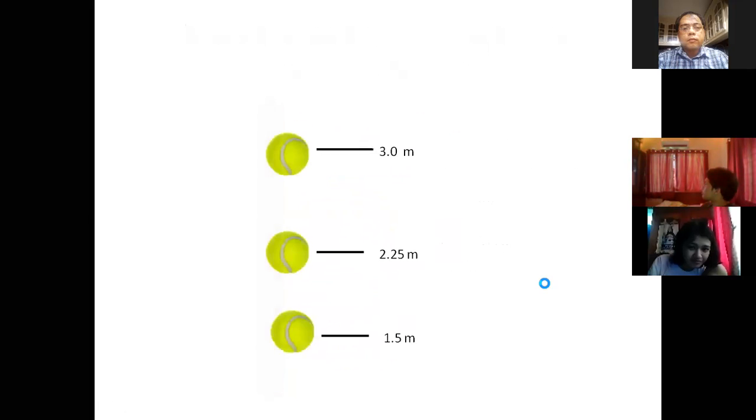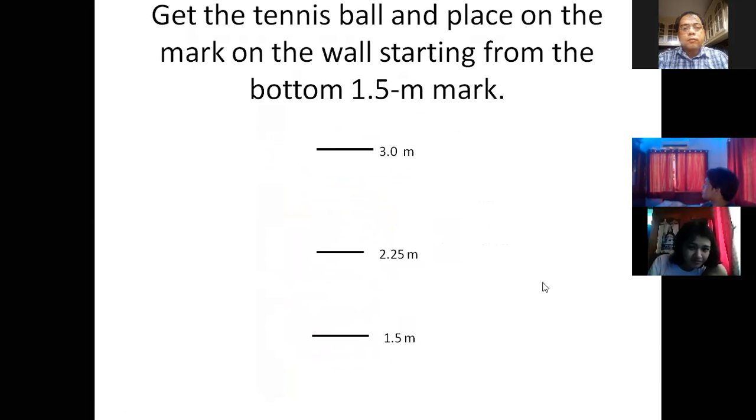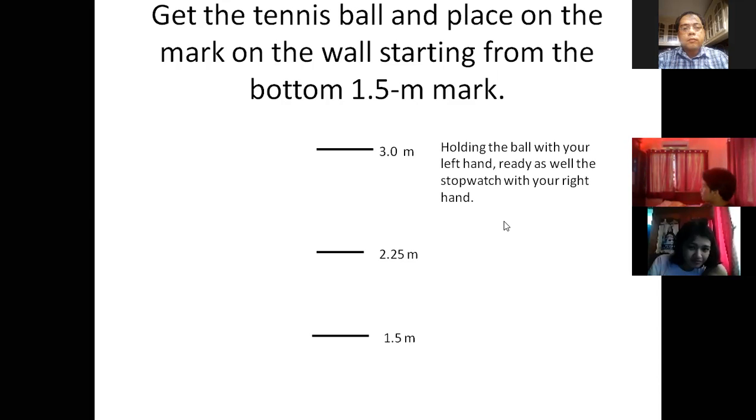Now, again, with these given heights, guys, you are going to prepare or get your tennis ball and place it one after the other on each of these heights. So we will start at the very bottom height of 1.5 meters mark and position our ball there.